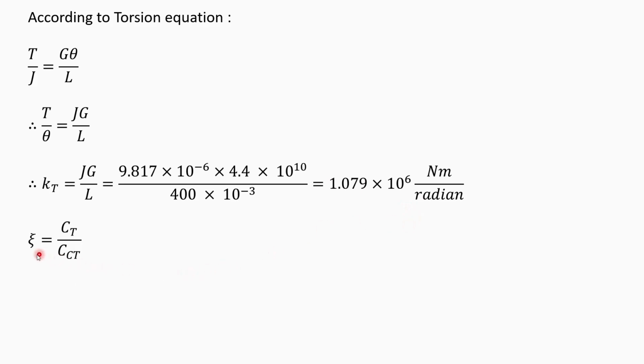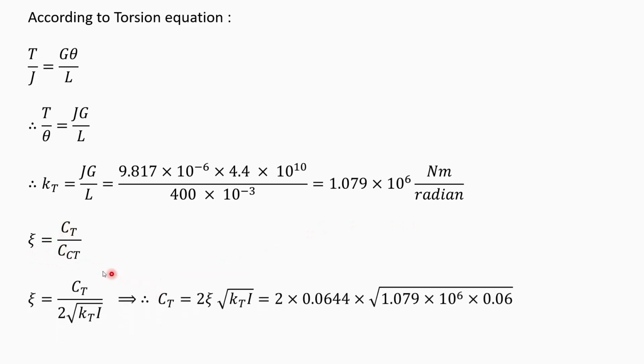Now zeta is damping coefficient divided by critical damping coefficient. The value of critical damping coefficient is 2 square root of Kt multiplied by I in case of torsional vibration. So just cross multiply by these terms: 2 zeta square root of Kt I, that will be the value of Ct.